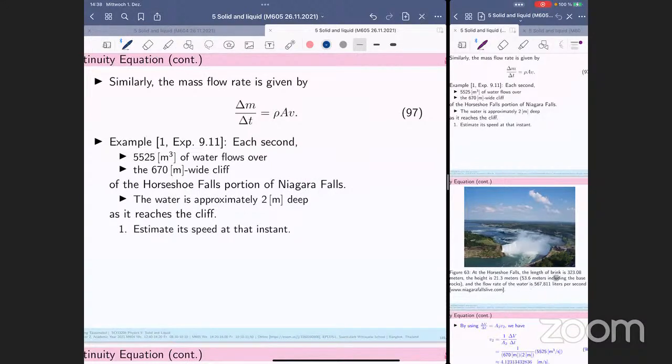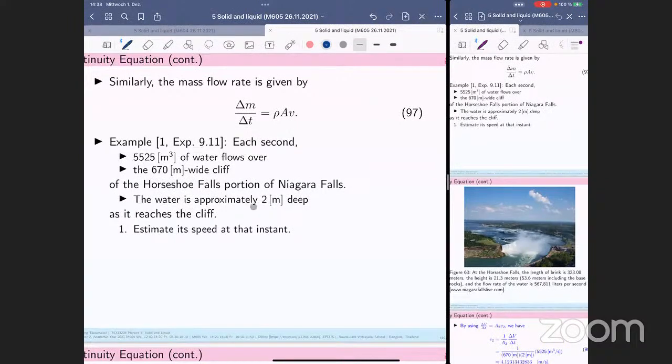It's called Niagara. We have the so-called Niagara Falls, and in this fall there are sub areas, and one of these is the Horseshoe Fall portion of the Niagara Falls.